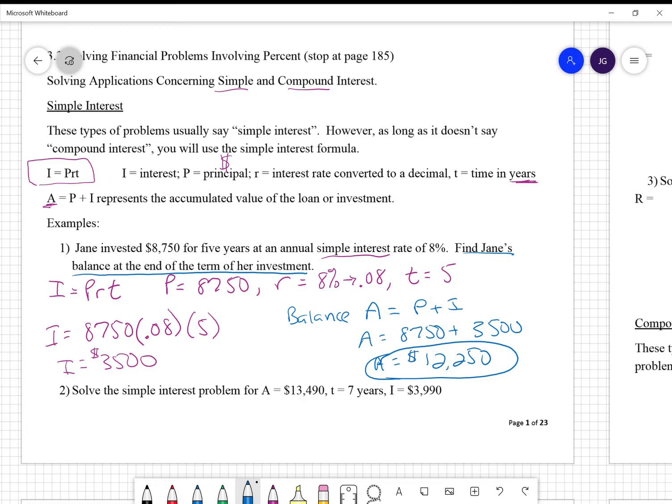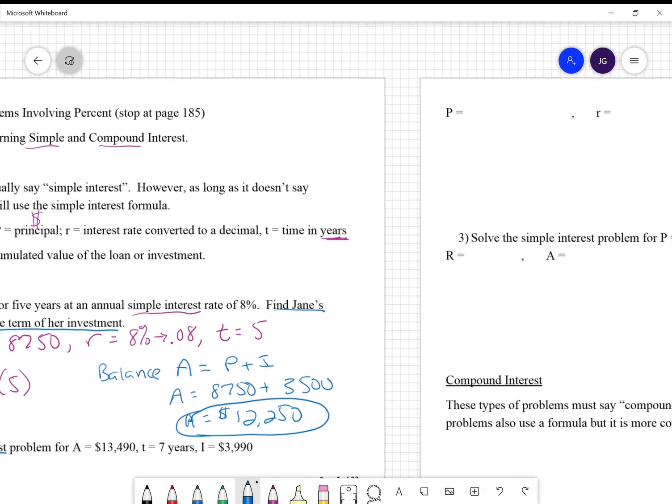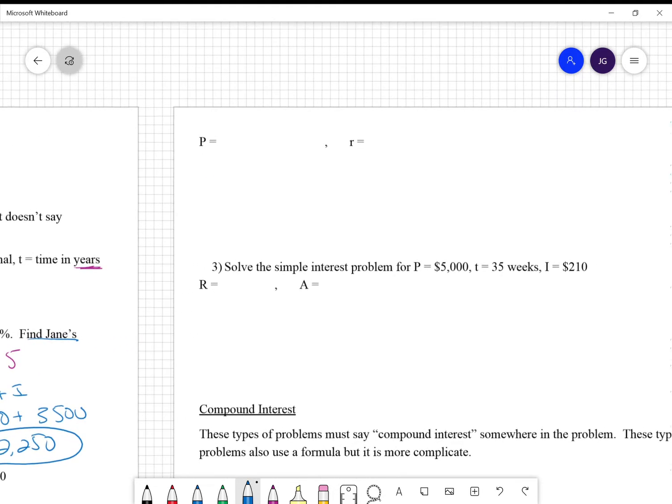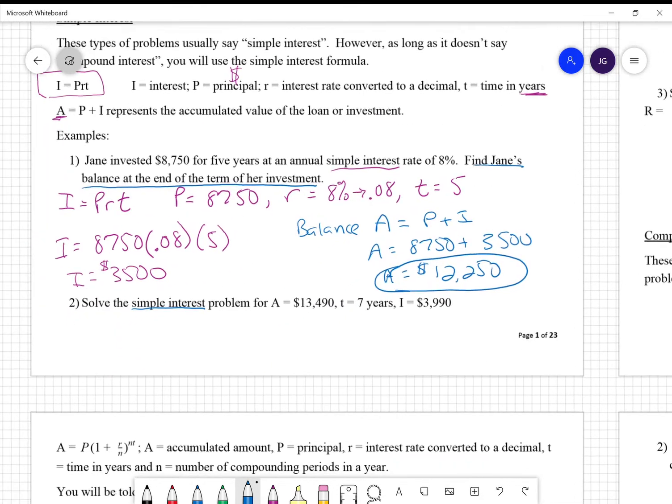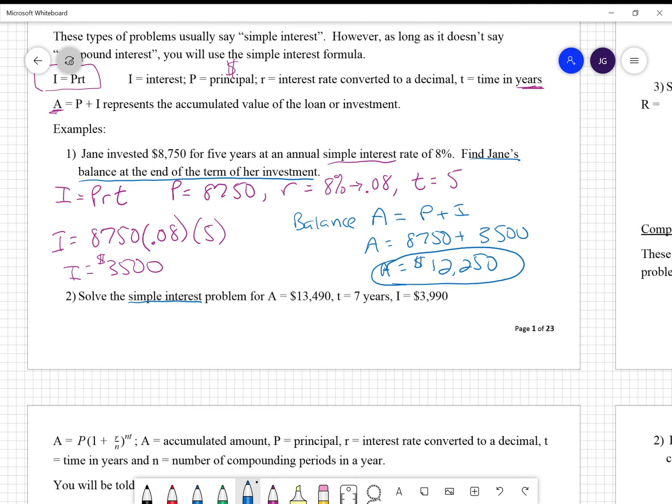Okay, number 2. Solve the simple interest problem for A equals 13,490, T equals 7 years, and I equals 3,990. We want P and R. I'll just do it on this page, even though the bottom of it appears on the next page. So simple interest, I equals PRT.